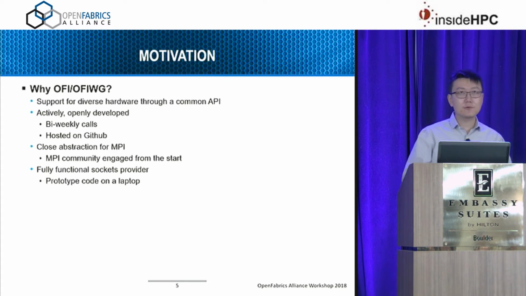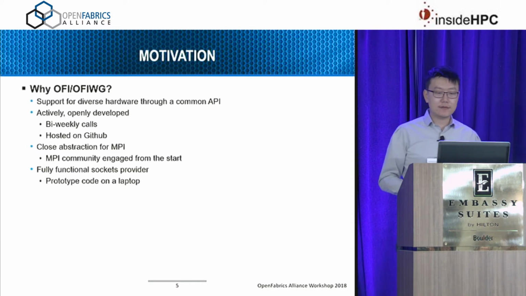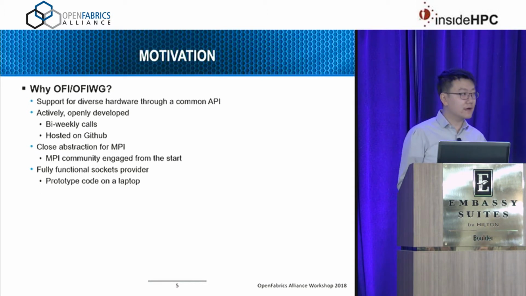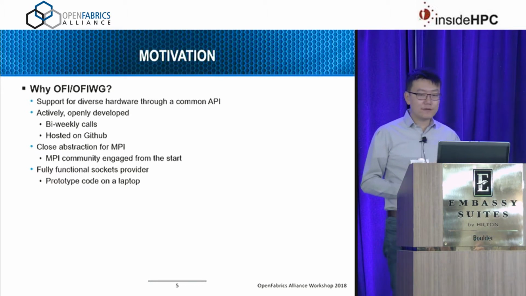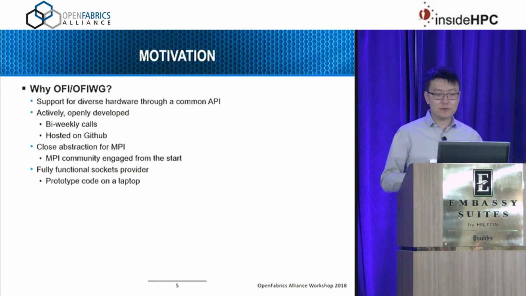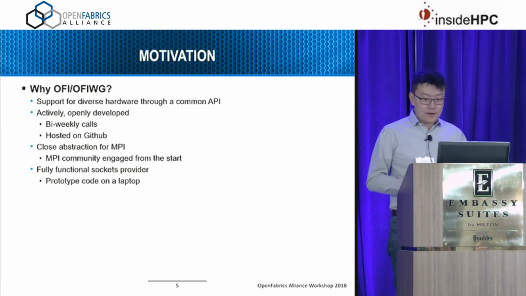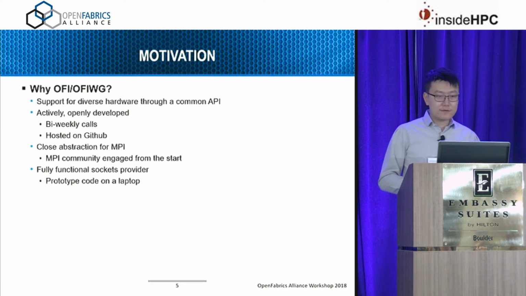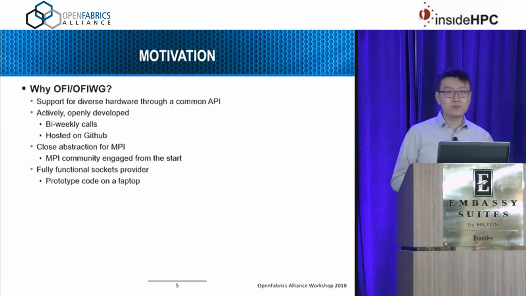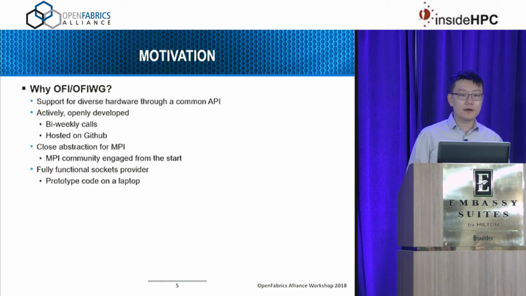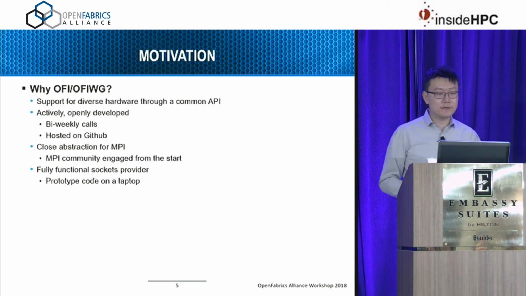But the downside of the CH3 design was that all the communication is pretty much done in an active message context. So for example, we just do a lot of internal protocol, and when we hit the OFI netmod, we just call tsend and trecv. The downside is, of course, that it comes with a lot of overhead and pretty much does not use all the high-level semantics that OFI is providing today.